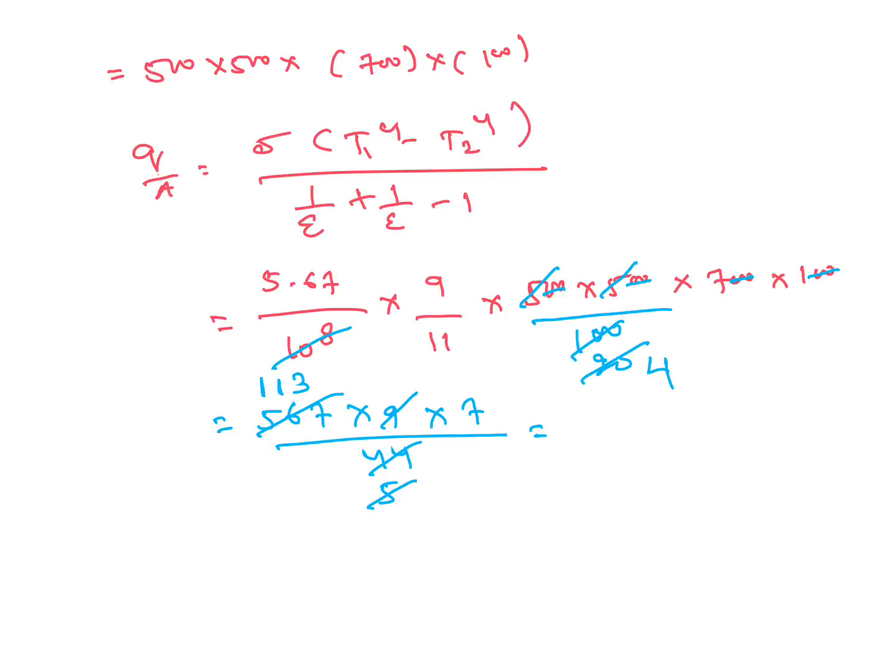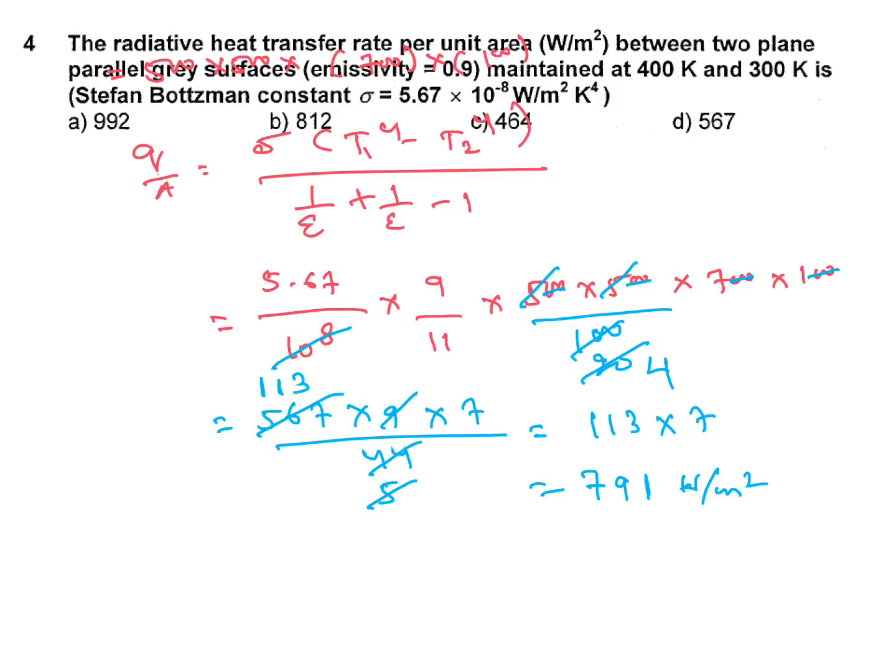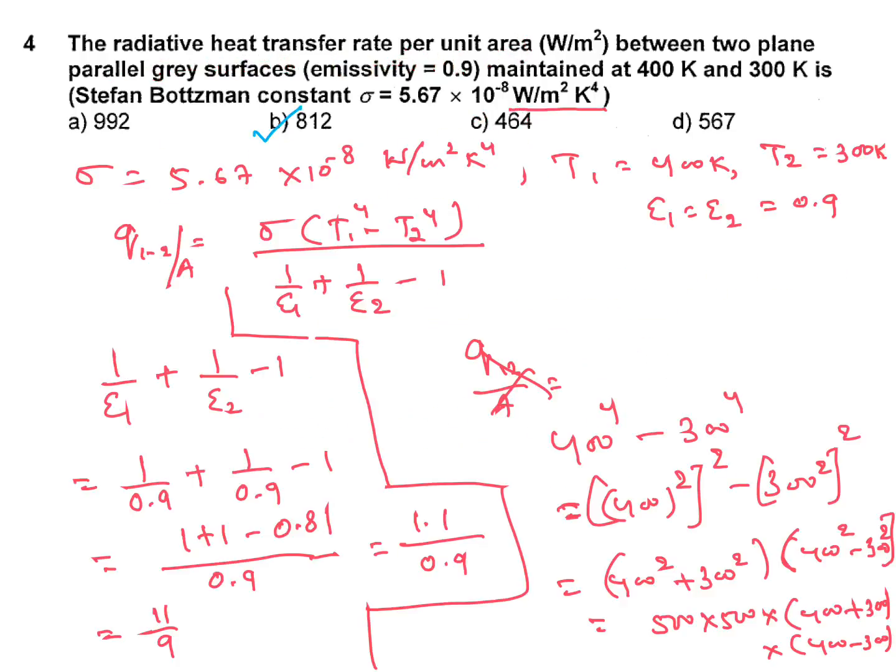So 113 into 7. 7 into 3, 21. 7 into 1 plus 2. Approximately 791 watt per meter square. So from the options, 791 nearby is 812 watt per meter square. Heat transfer rate per unit area.